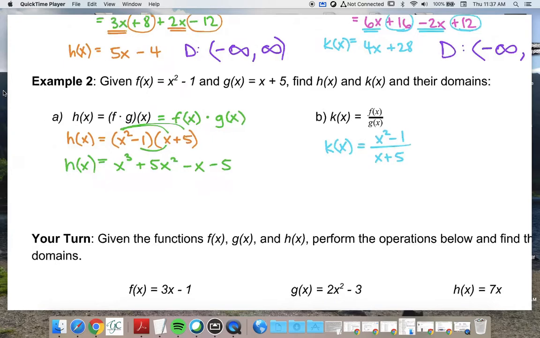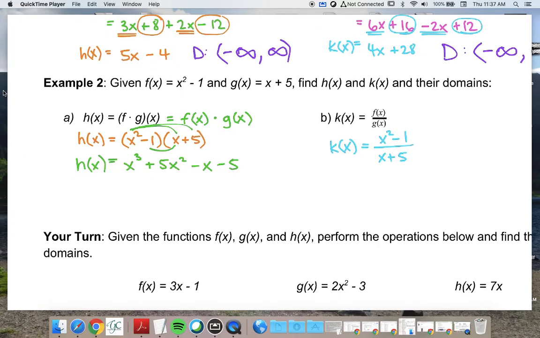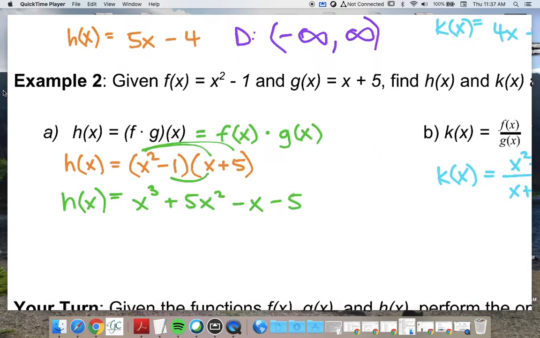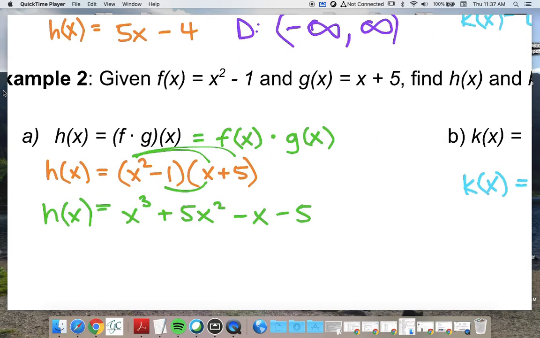Now that we have performed operations, let's go back and talk about our domains. So we're going to identify the domain of each of our original functions first. So f of x equals x squared minus 1. That's a quadratic, that's a parabola, and parabolas have a domain of all real numbers, so negative infinity to infinity.